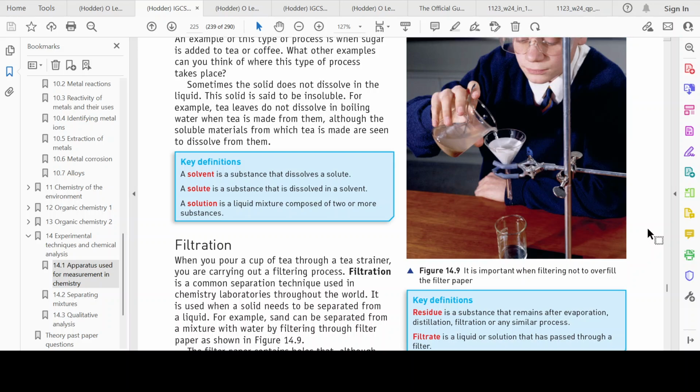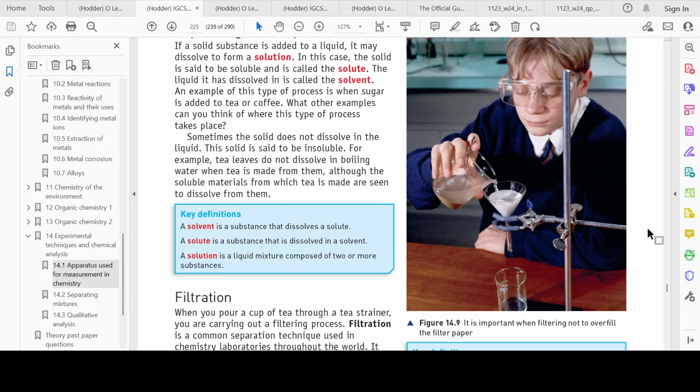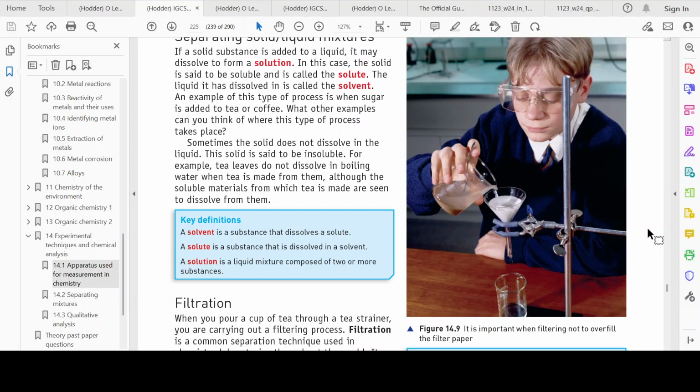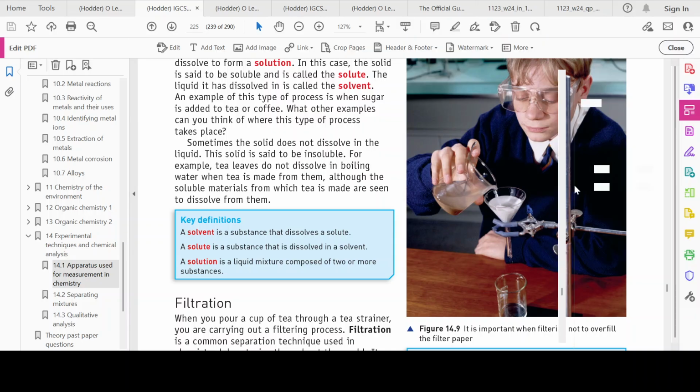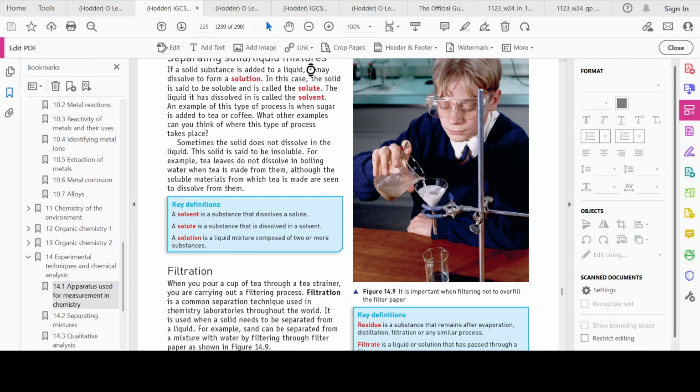Sir, do we have to write the apparatus name as well? Let me see if I can write it. I won't be able to write it as such, but I can maybe try and annotate over here. Do we have to write the apparatus name in the exam? Well, in your Paper 4, they will ask you what apparatus to use.